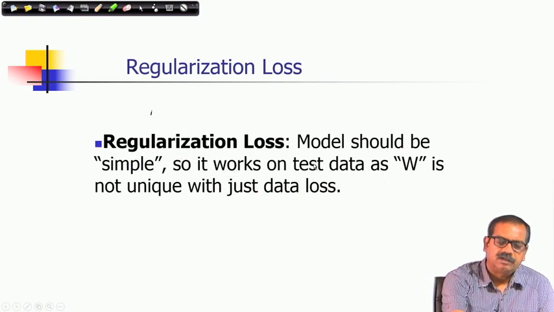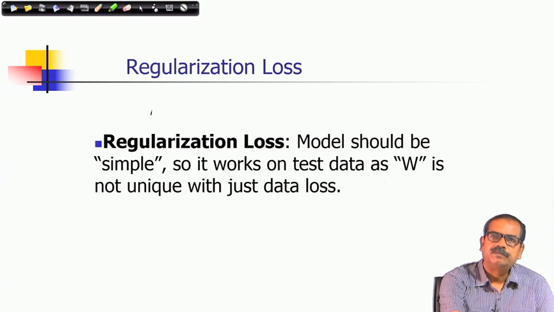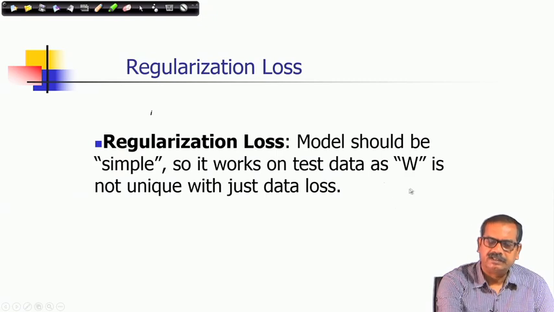In the regularization loss, we would like to keep the model simple, and there we would like to have the size of W as small as possible, and it is not unique to the data loss.